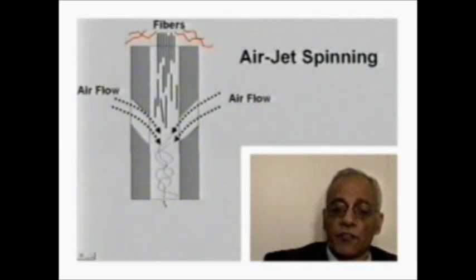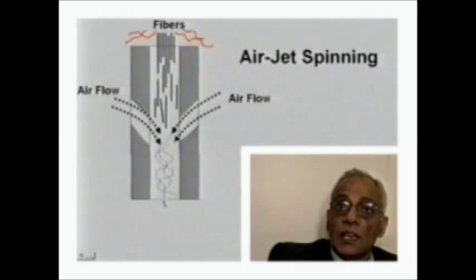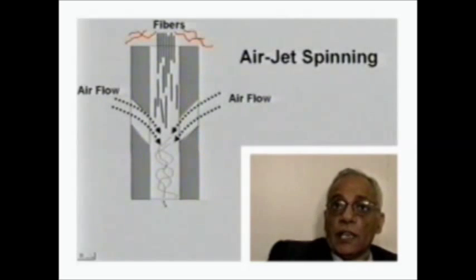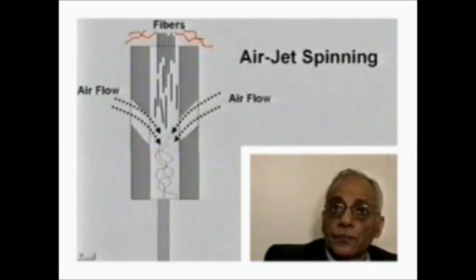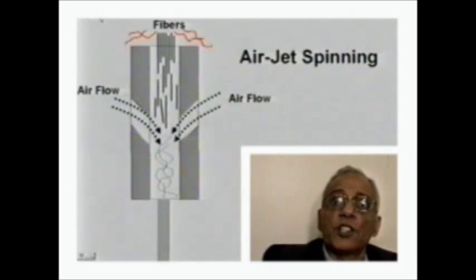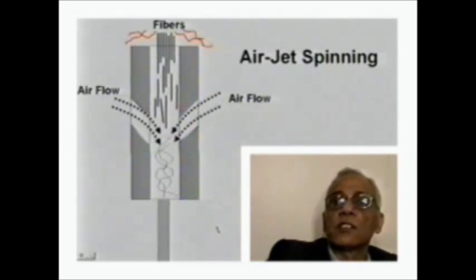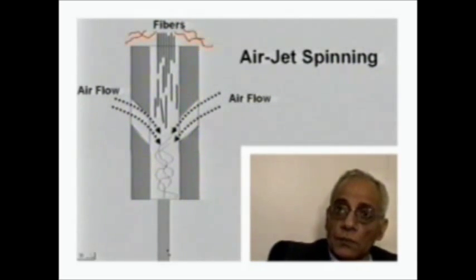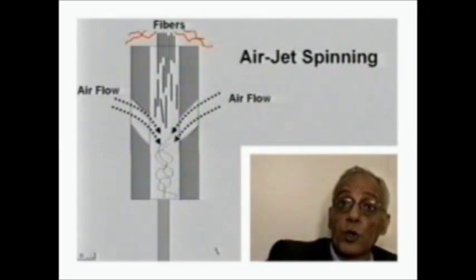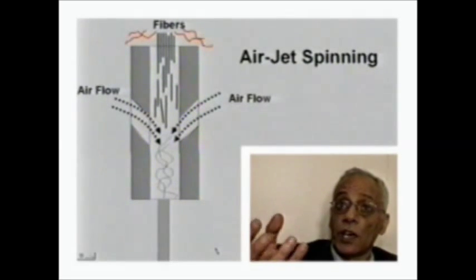Now that's all. The fibers coming out of this nozzle, unless we hold them somehow, will go back to normal. They will be straight. So this whole operation is considered a false twist unit. But if it is false twist and the fibers come out back to normal straight fibers, how are we going to achieve yarn integrity?